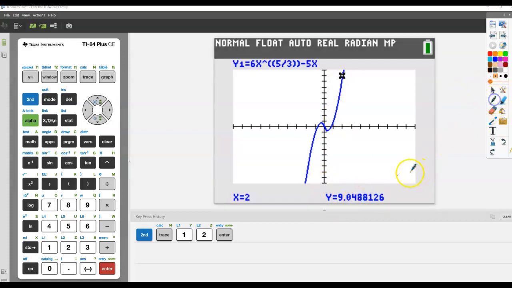And just so you know, in AP Calculus, we always round to the third number after the decimal, which is the thousandths place. So since this is an 8, I'm going to say that y is equal to 9.049, rounding that last number up to 9, since the number after it is 5 or bigger. So that's going to be the y value that I use.